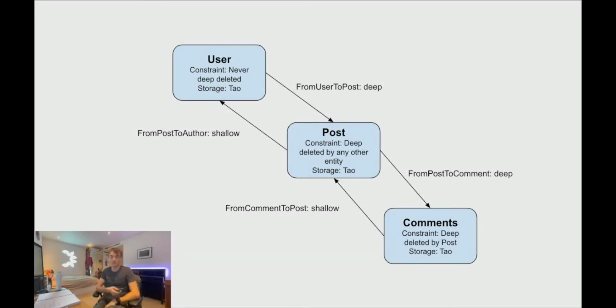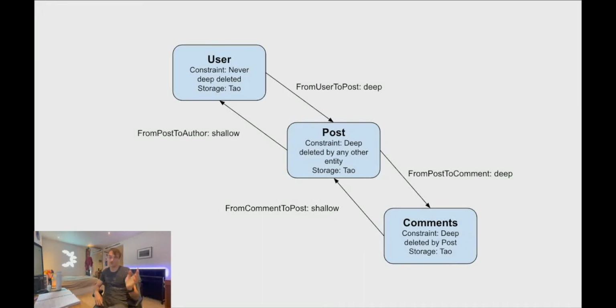So in this case, we would call the post deleter, delete the post, and again, this post has a deep edge toward comments. The opposite of this is the edges from comments to post, for instance, which are here annotated shallow in the schema. What this means is when you delete the object, you would delete the association without actually traversing it. So you would delete the comment, but not the post.